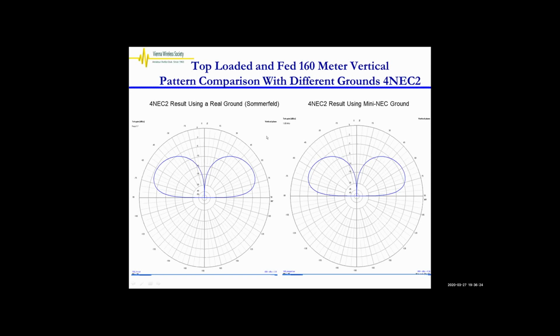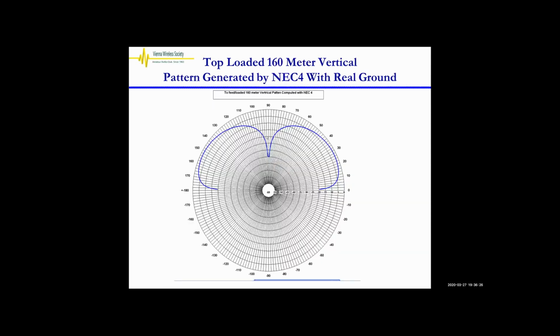And since NEC 4 does a much better job of this, I also ran it with NEC 4. And again, you can see here, this is 0 dB on the outer circle. The inner one's -5.